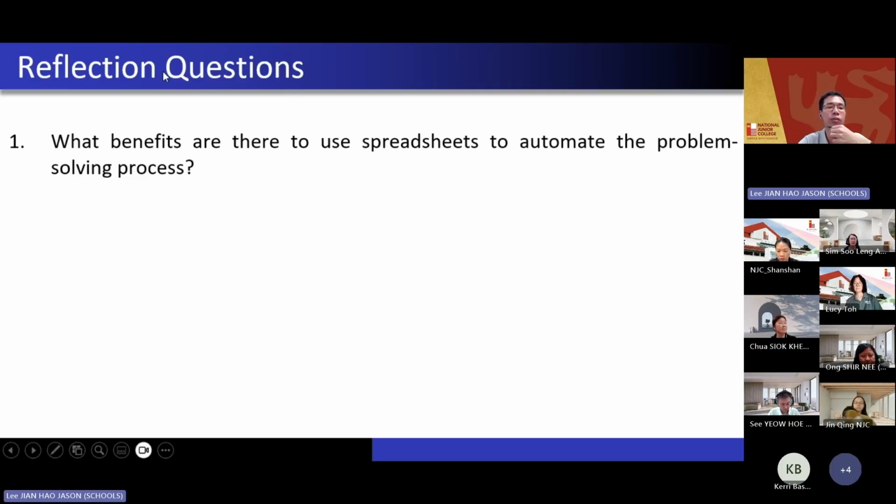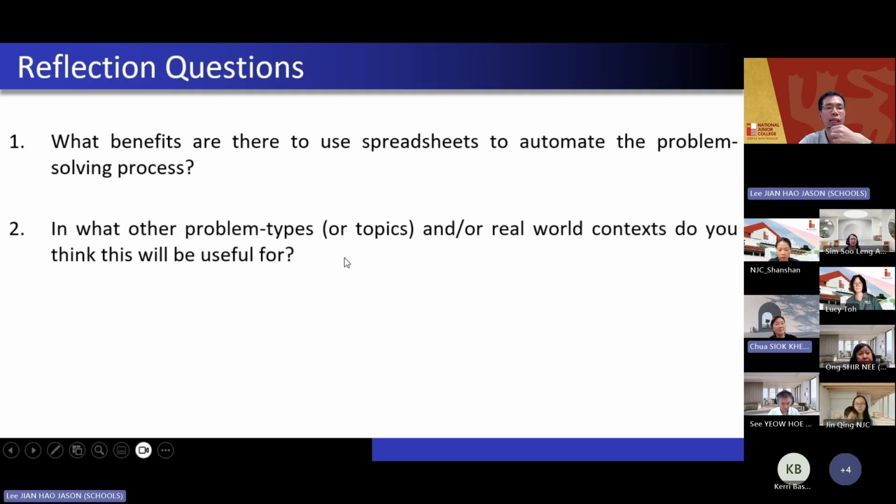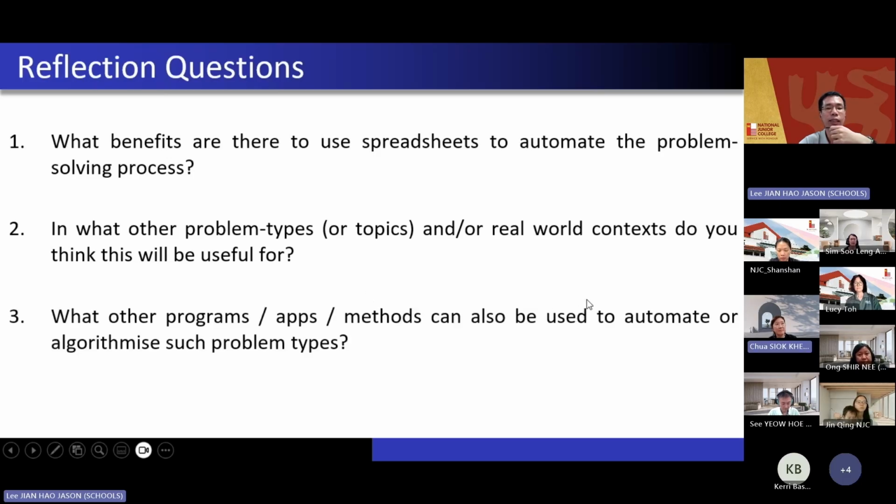Why is it so useful to use spreadsheets to automate the problem solving process? Then, what other kinds of problem types or real world contexts might they see where such an automation may be applicable? And lastly, what other programs or apps can we use to automate or algorithmize such problem types?